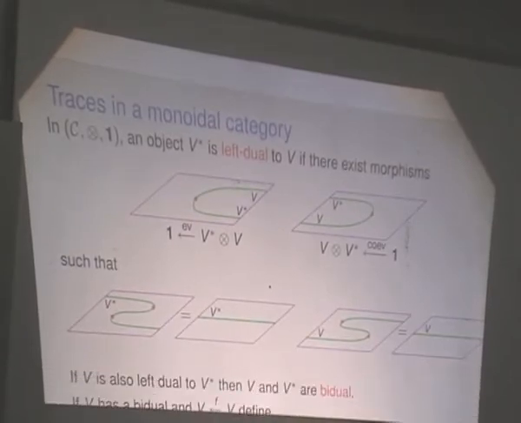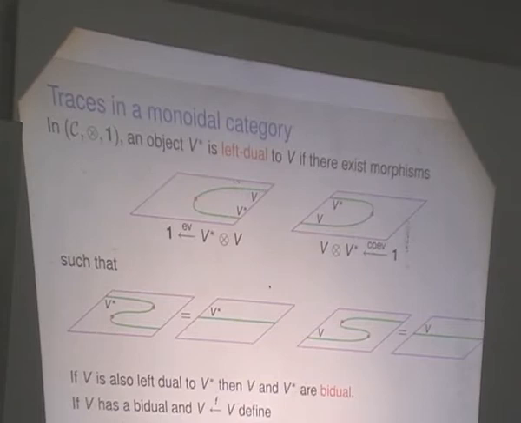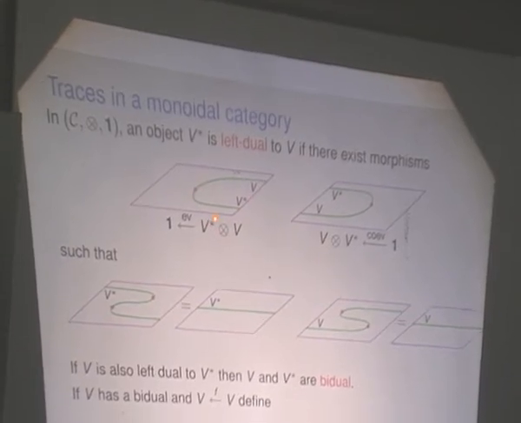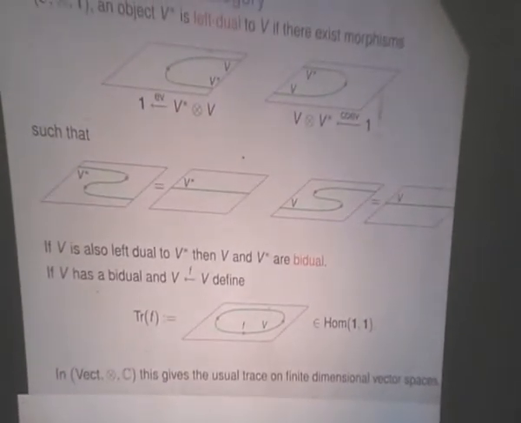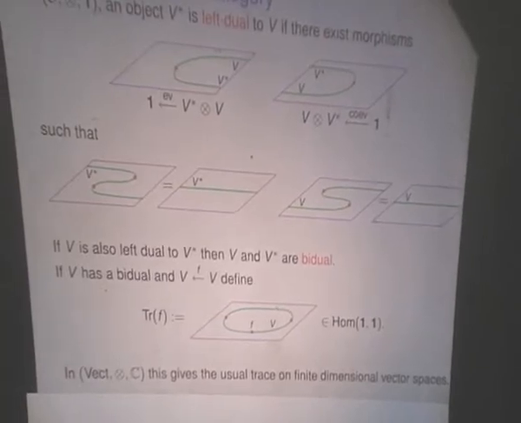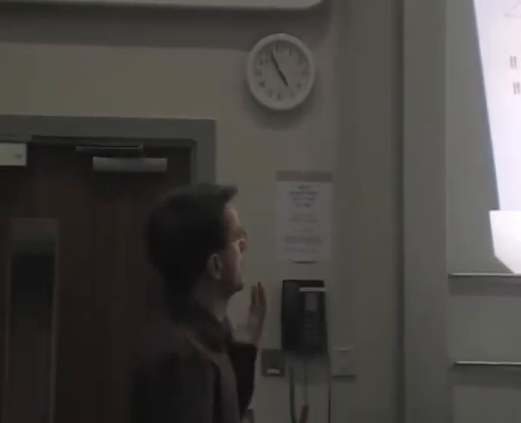And we say that V and V star are bidual if also V is left dual to V star. So that means we have another two morphisms where the roles of V and V star are switched around such that these are satisfied. So now, if we have a bidual for V and we have an endomorphism F of our object V, then we can define the trace.